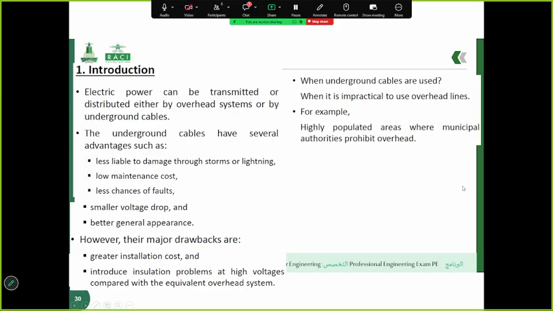Based on this slide, which continues our introduction to power transmission, we can gain a more comprehensive understanding of underground cables by examining their additional advantages, key drawbacks, and typical applications.